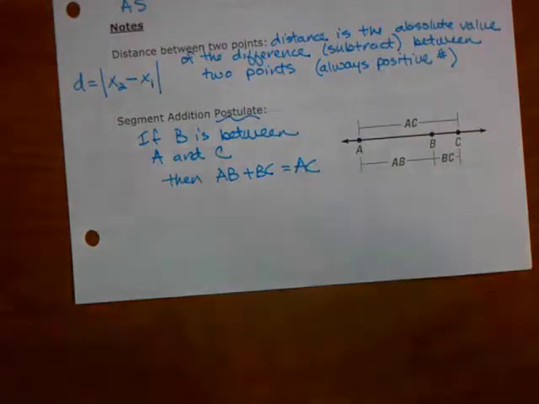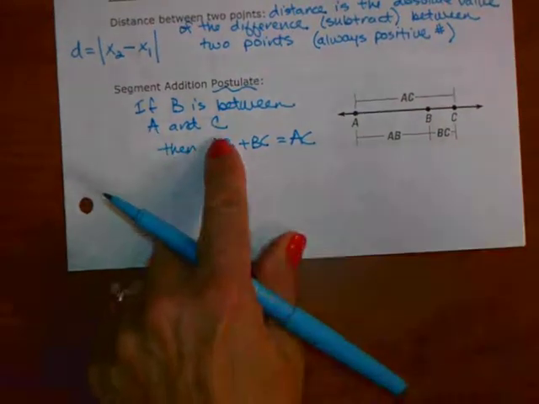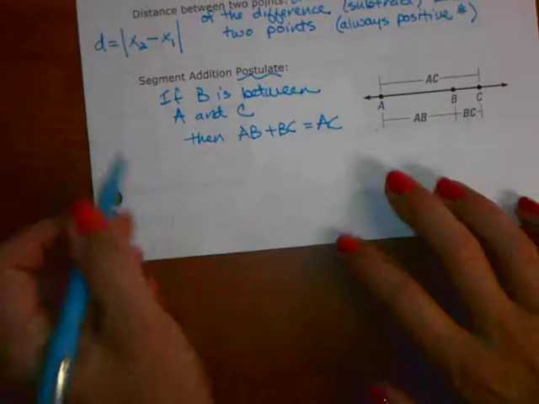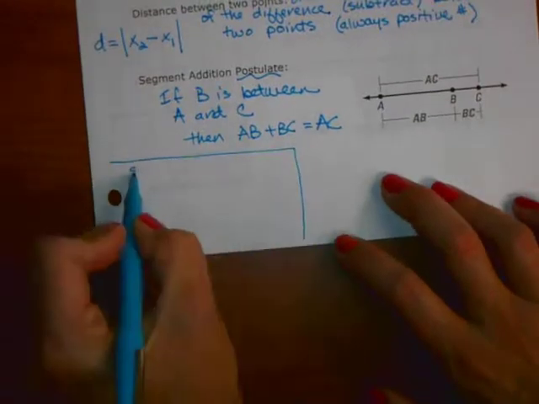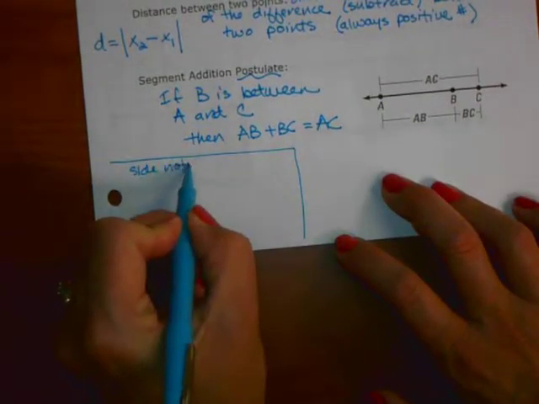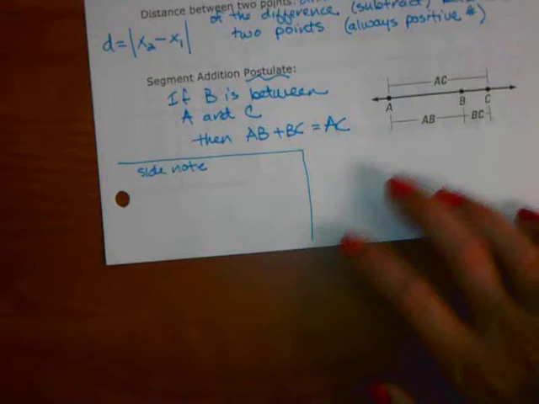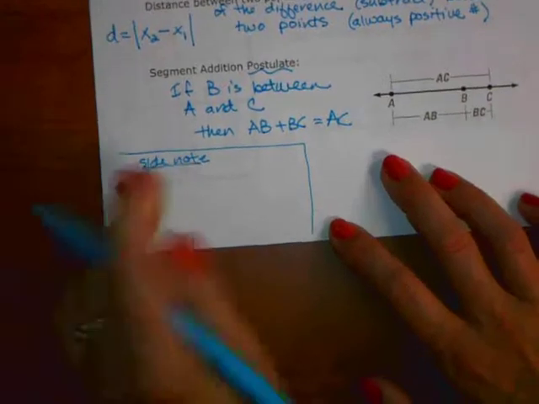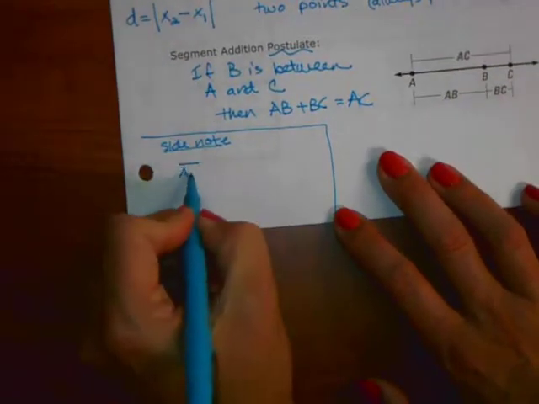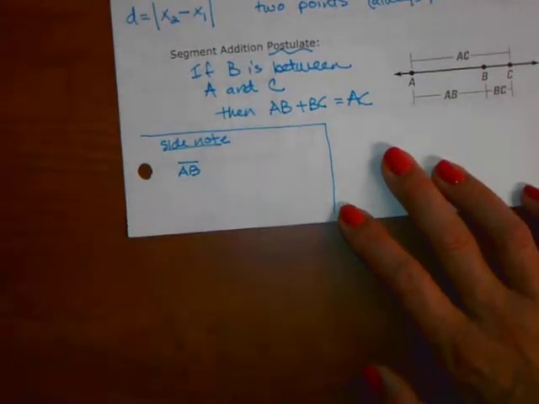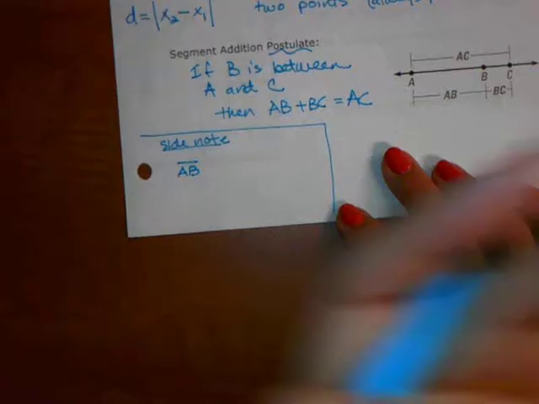Okay, there is a difference between writing this with a line above and without a line above, so I'm just going to do this. Side note. Notation is important in this first chapter of geometry, okay? So when you do this, that means you're just referring to that segment.